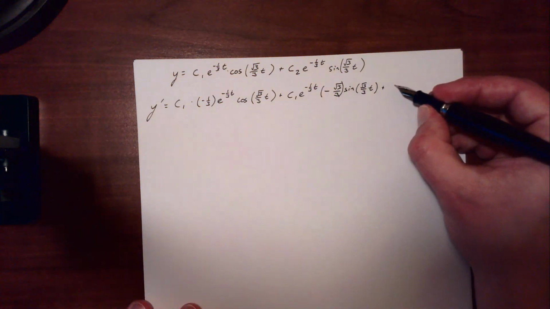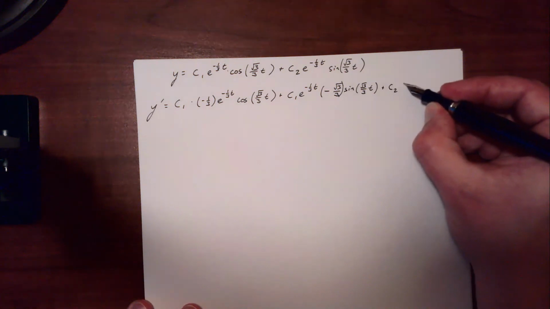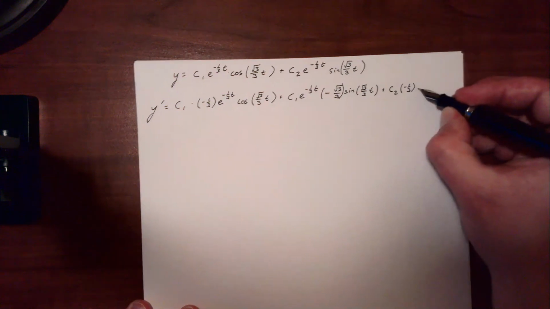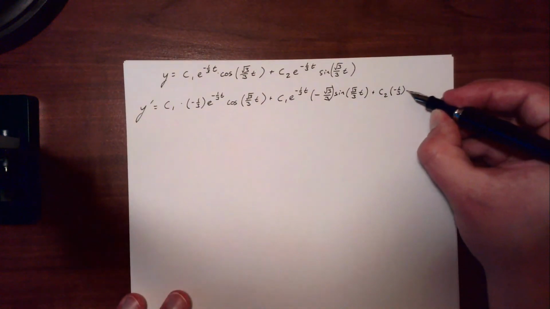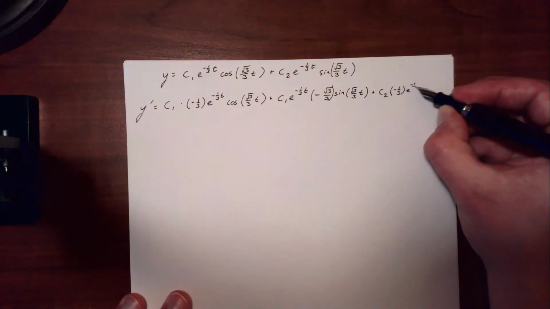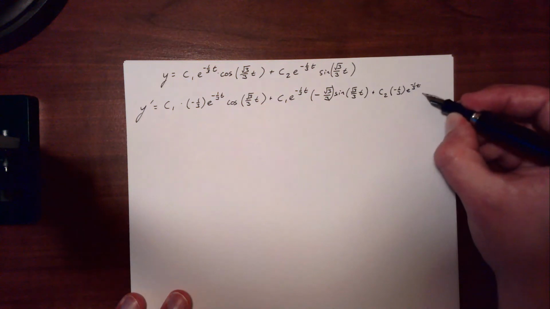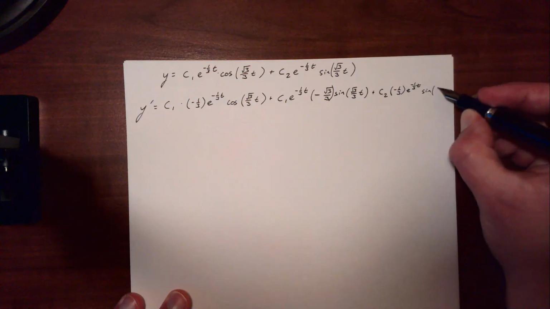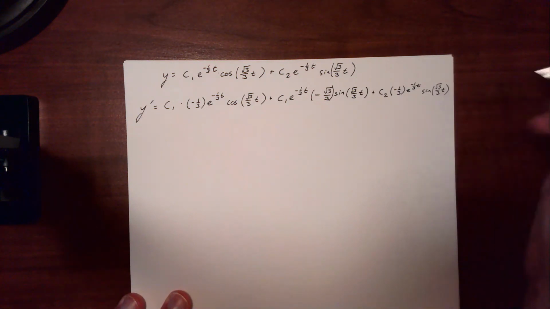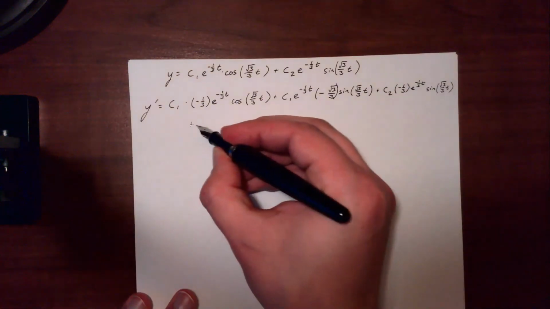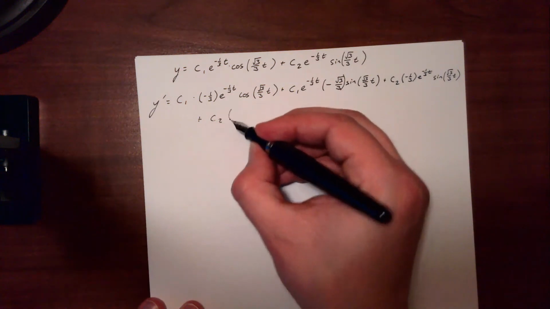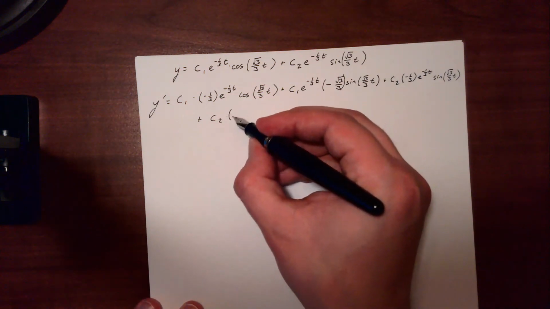It's going to go c2 times negative 1/3 from the chain rule times e to the negative 1/3 t. And then for the first installment here, we're leaving the second factor alone, so it's going to be sine root 3 over 3t. And then for the last one, it's going to be c2 times, and then what's this going to be?